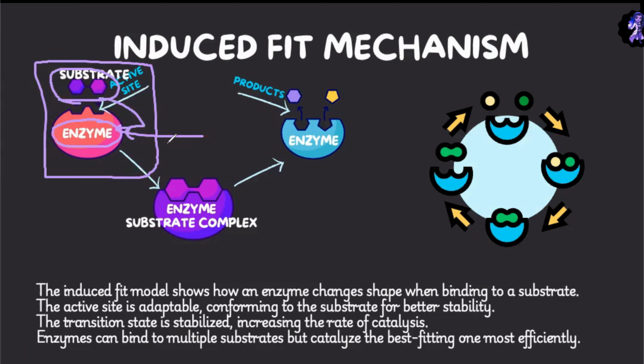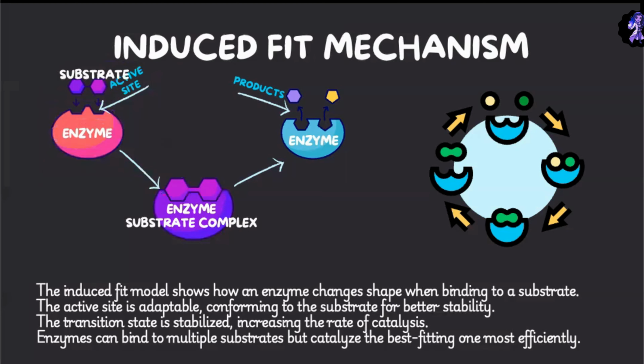That's where the lock and key method originally came in: the idea that these enzymes would connect to the substrate at a specific point, that specific point being the active site, and it essentially turns on the enzyme when it becomes the enzyme substrate complex to then work properly.